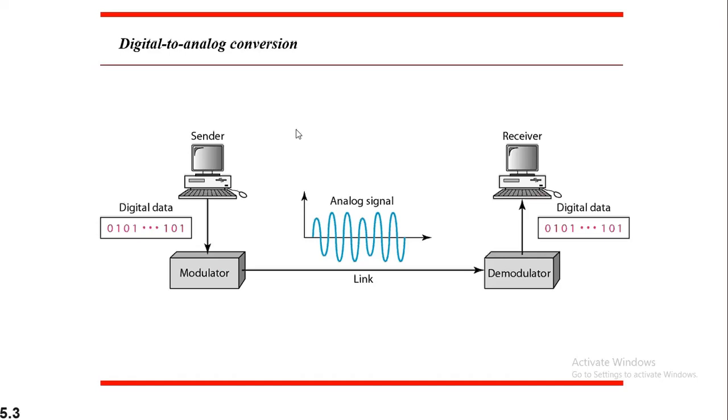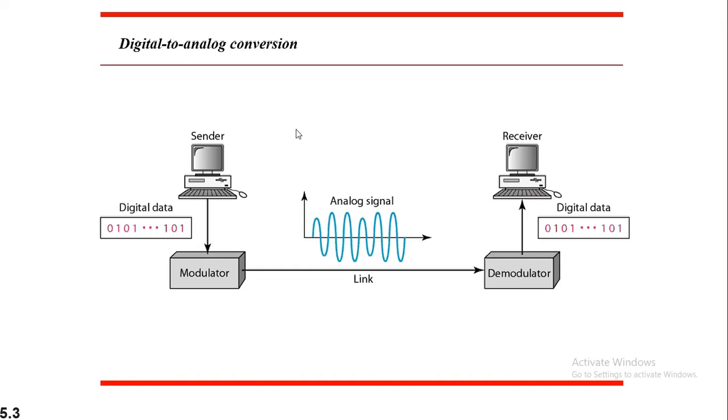The duty of this modulator is to convert the digital data to bandpass analog signal and pass it through a communication channel. Once it is received at the receiver end, the analog signal that was converted at the sender end has been demodulated. That is, the analog signal has been converted into digital data and delivered to the receiver. This is how exactly the process of digital data to bandpass analog signal conversion takes place.